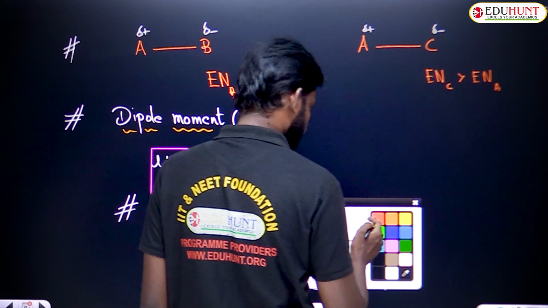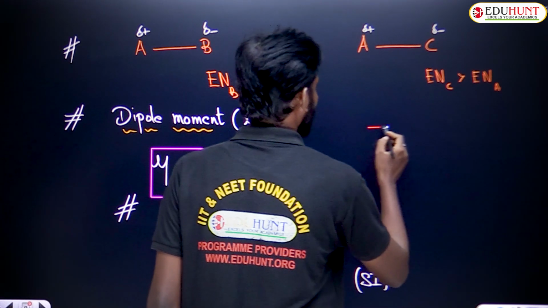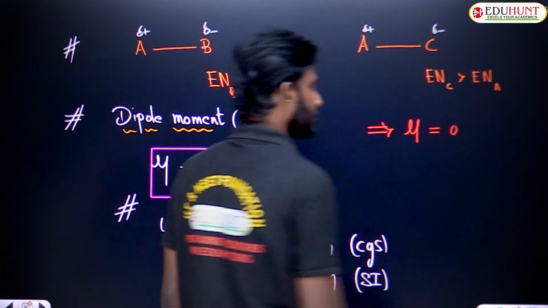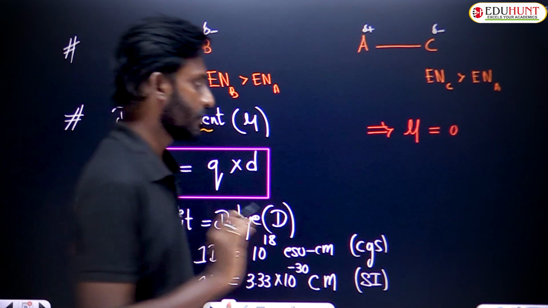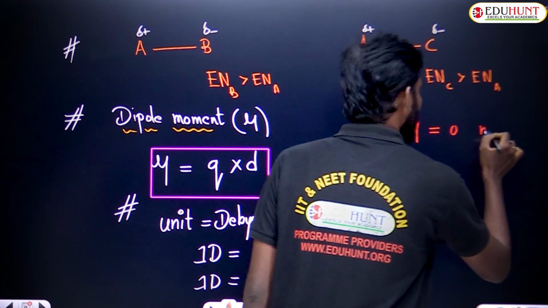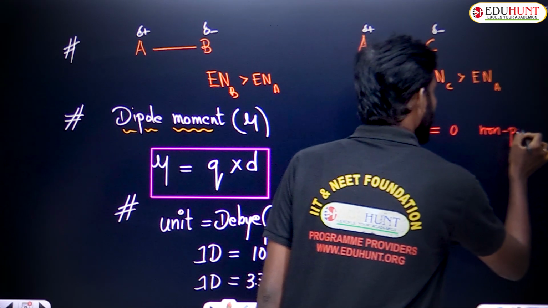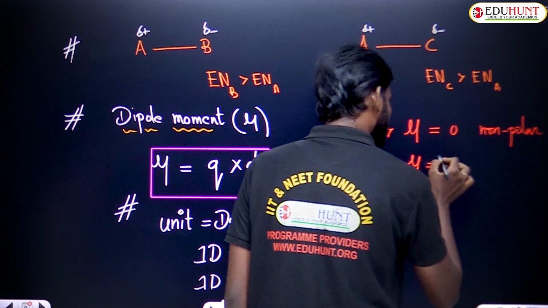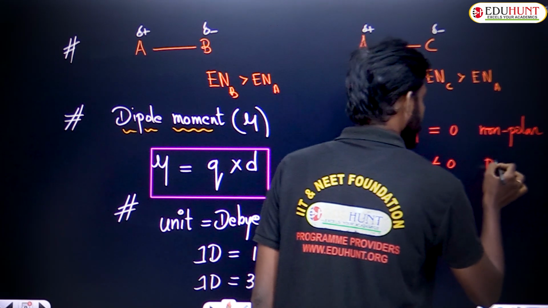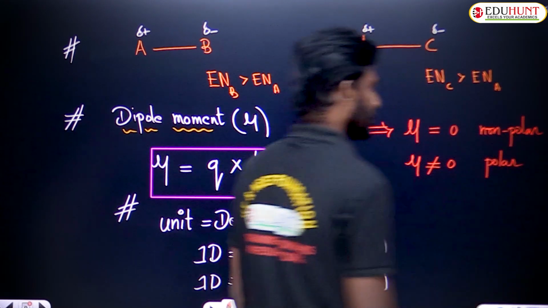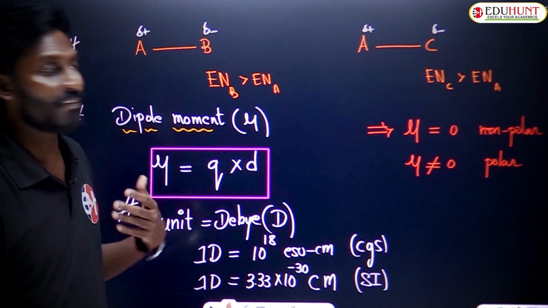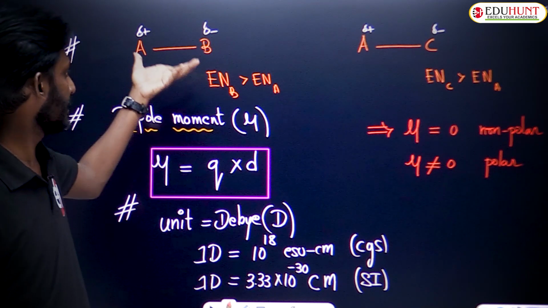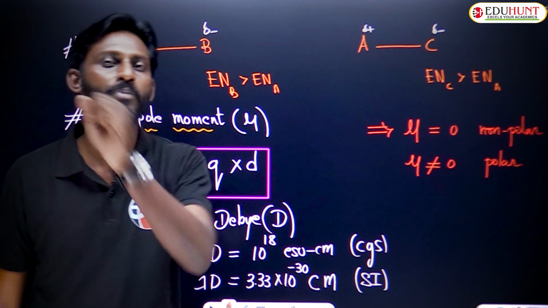Simply you can take it like this: if dipole moment is equal to 0, the molecule is said to be a non-polar molecule, and if the dipole moment is not equal to 0, the molecule is polar. To identify the molecule as polar or non-polar is simple in this kind of bond, that means only one polar bond.